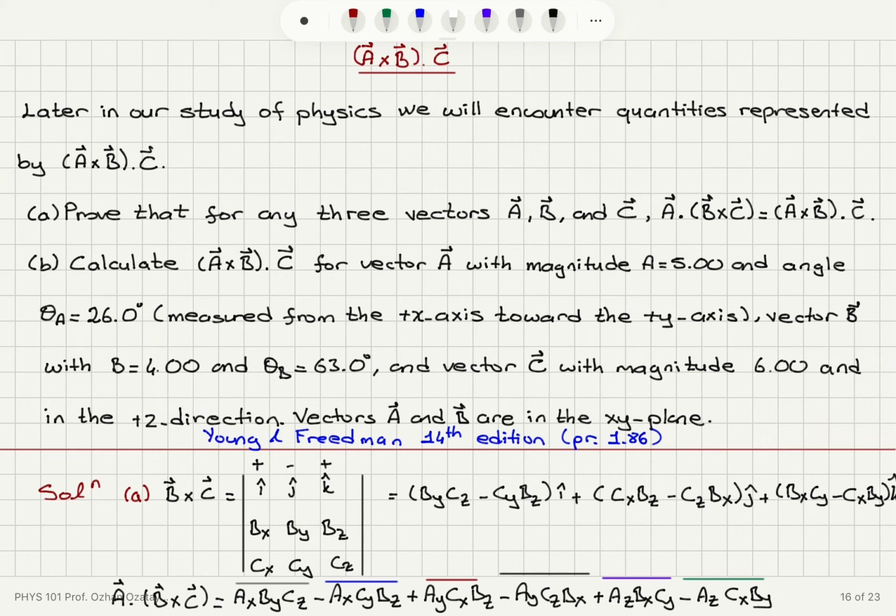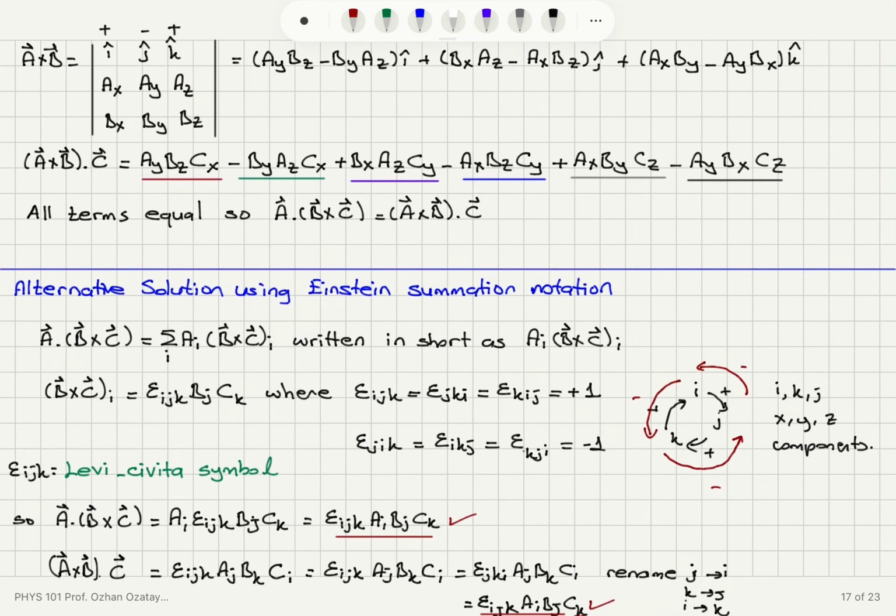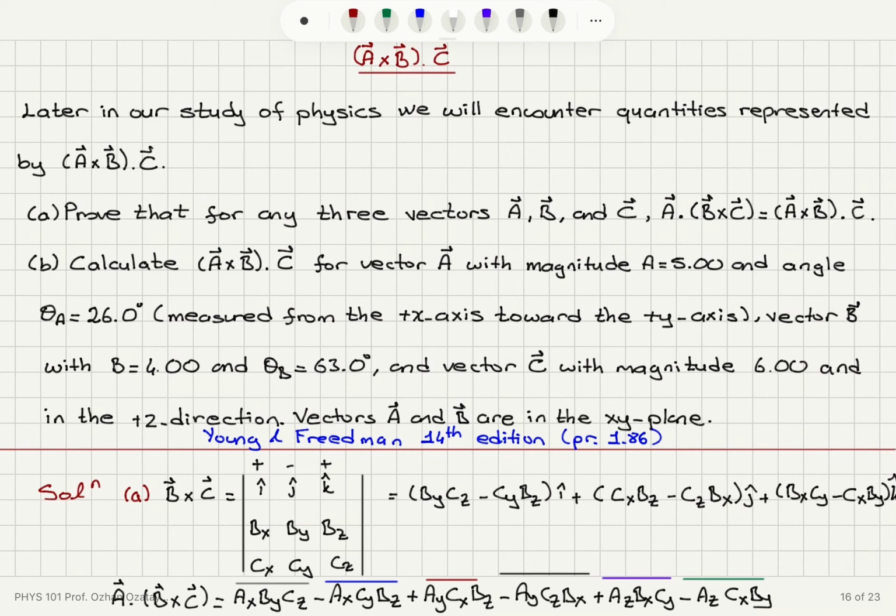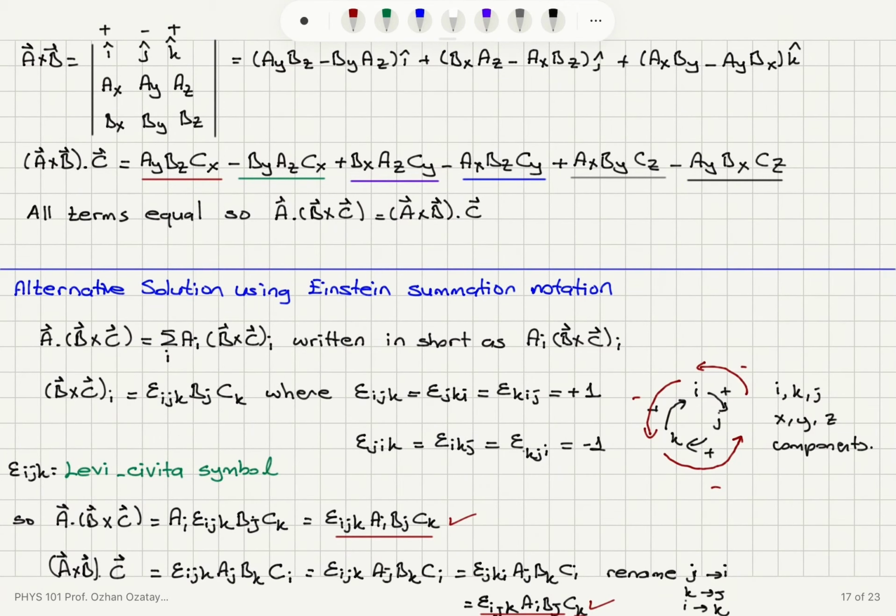Evaluating this determinant and taking the dot product, noting that the dot product of vector A with B cross C is its x component multiplied with the x component of B cross C, plus its y component multiplied with the y component of B cross C, and finally the z component of A multiplied with the z component of B cross C. We have done the same thing here and compared the terms we obtained from A cross B dot C with A dot B cross C. We found that they are the same, so all terms are equal, therefore these two are equal.